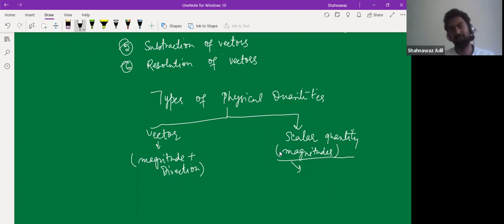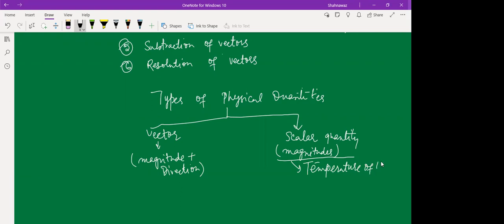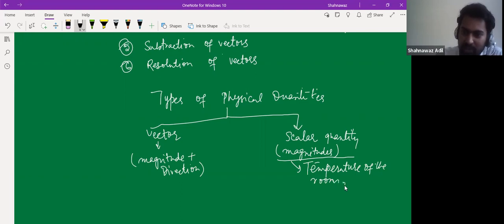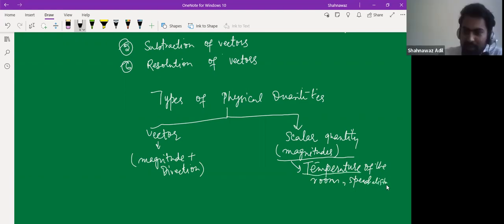Yes, volume is a scalar quantity. It's length cubed. And let's say temperature of the room. Speed, yes, speed is also a scalar quantity. Distance. Distance is also a scalar quantity, yes.